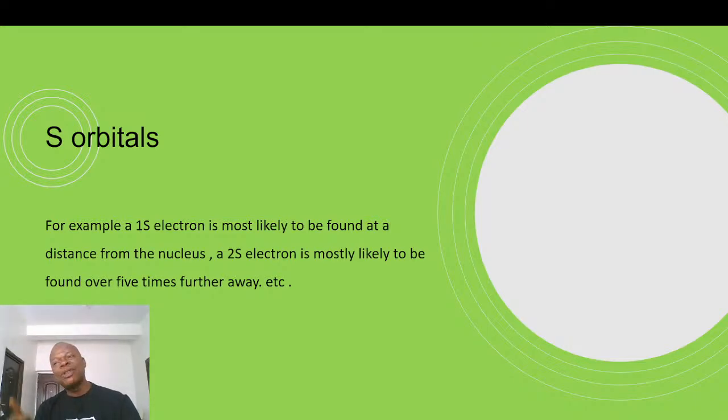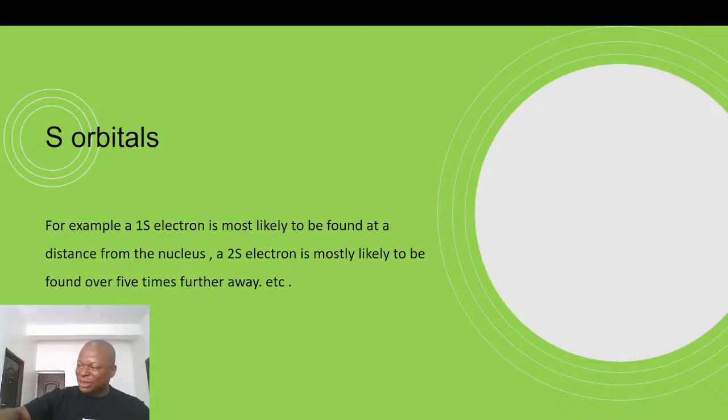For example, the 1s electron is most likely to be found at some distance from the nucleus. If you draw the nucleus of an atom, the distance from the nucleus to the 1s electron is not too far compared to the 2s electron, which is mostly farther. When you get the 1s electron, you move, you can now get the 2s electron, you move, you can now get the 2p electron. Remember, it's farther from the nucleus.